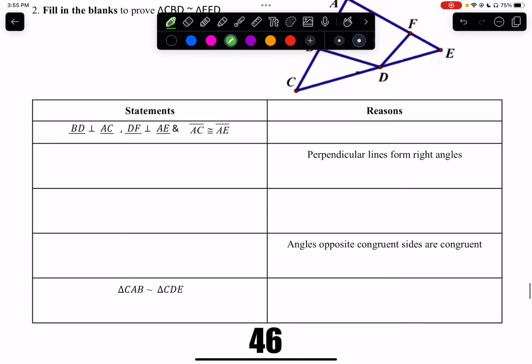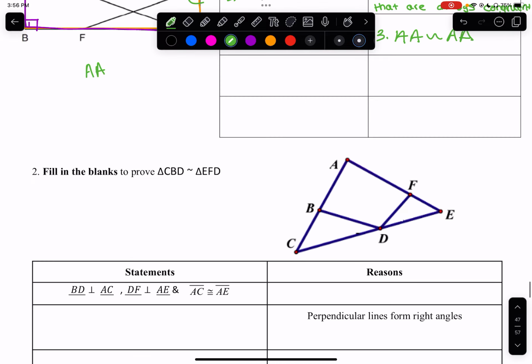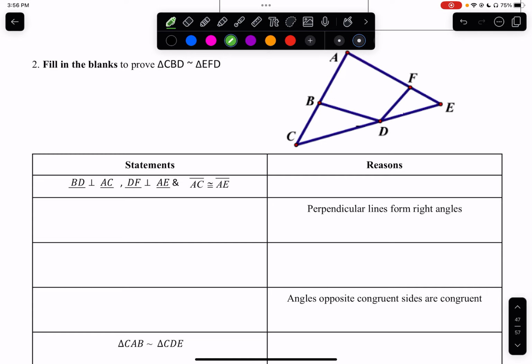So here we can see that we're trying to prove that triangle CBD and triangle EFD are similar. We're given a bunch of information in the chart.